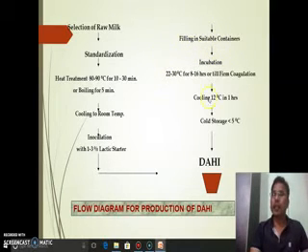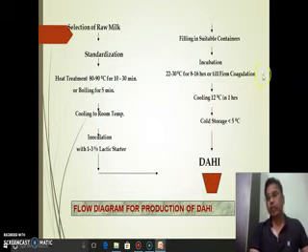The rest is the same, and after the incubation process is over, it directly converts into dahi. So this is the traditional way dahi is prepared, and this flow diagram is followed at the industrial level. It is very easy to memorize the flow diagram for the preparation of dahi.